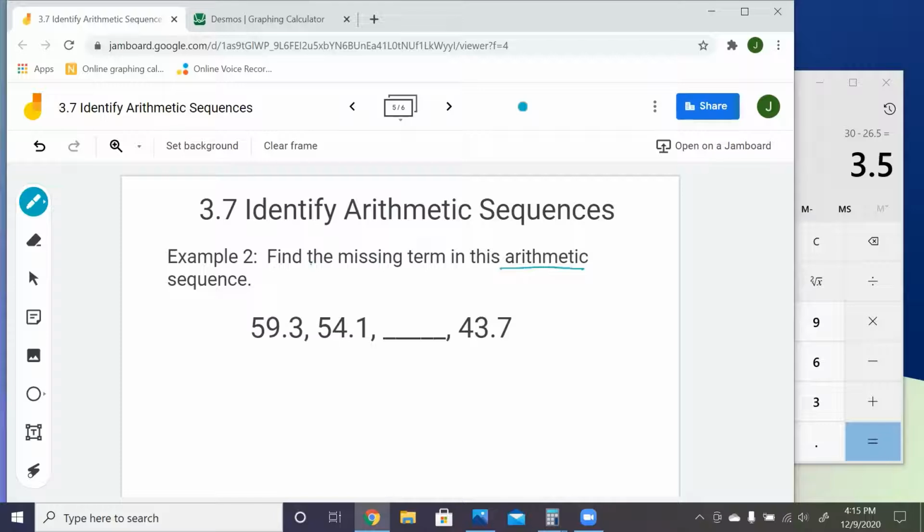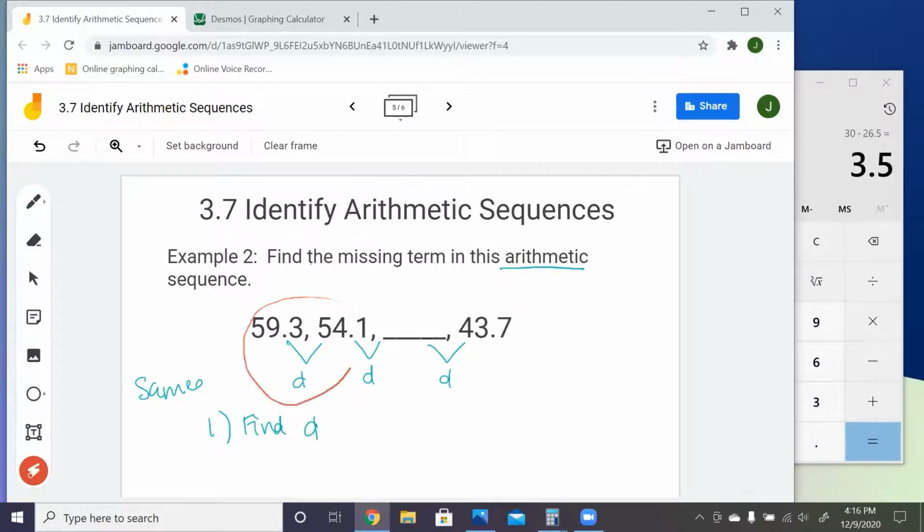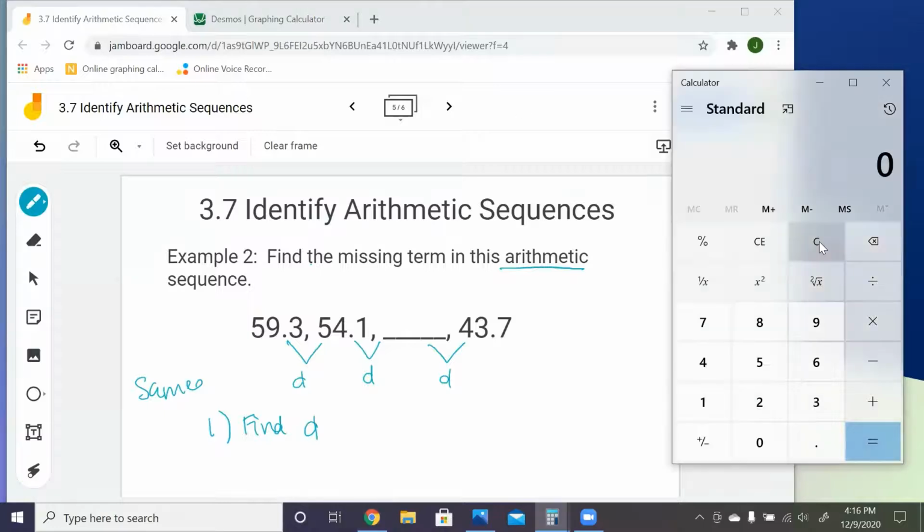Here we're asked to find the missing term in this arithmetic sequence. Knowing that the sequence is arithmetic is really important because it tells me that the difference between every term is the same. And since I know that it's the same, then my first step is I'm going to find what that difference is. I'm going to take the first two numbers I know and find that difference. 59.3 minus 54.1 is 5.2.